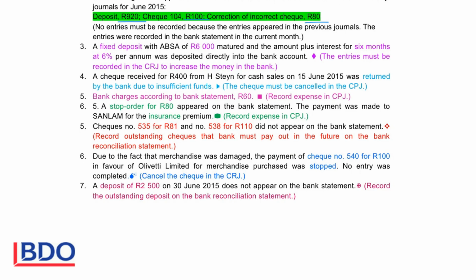A fixed deposit of 6,000 Rand matured, and the amount plus the interest for 6 months at 6% per annum was deposited directly into the bank account. Therefore, the bank already recorded this in the bank statement. We still have to record this fixed deposit into our bank account to show that as a result of direct deposit, the money in my bank increased.